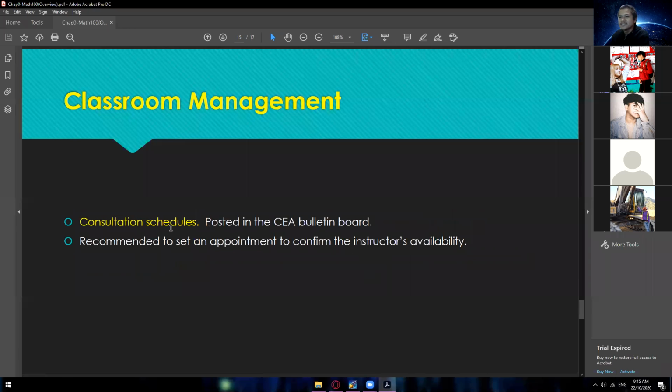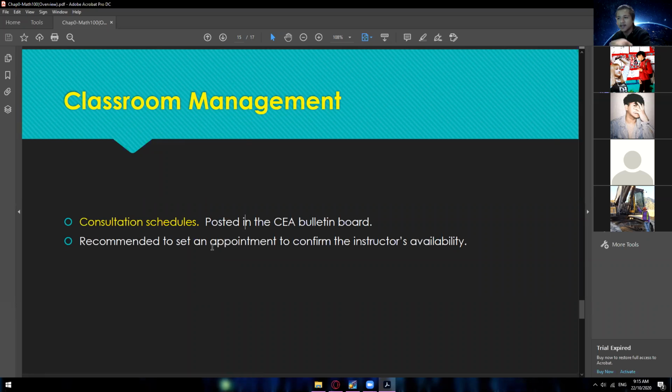Okay? And then consultation schedules. So, this was before nung face-to-face pa. Pero ngayon, you can chat me anytime or you can message me to my Gmail, even my Outlook account. Pwede rin kayo mag-message sa Canvas, or even my Facebook.